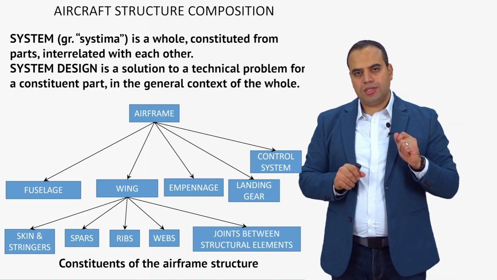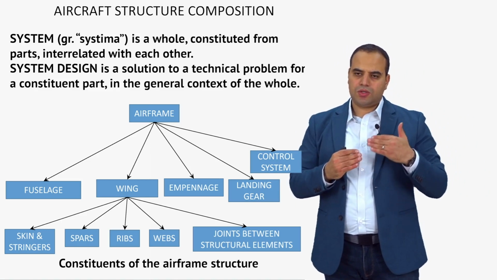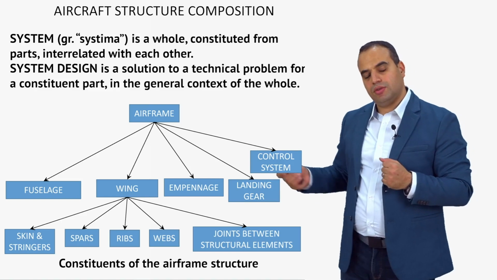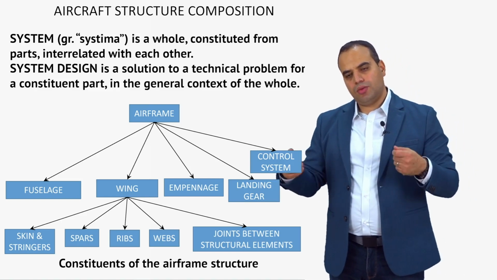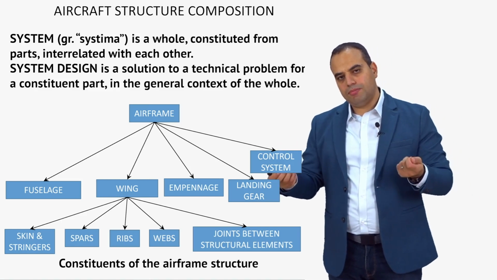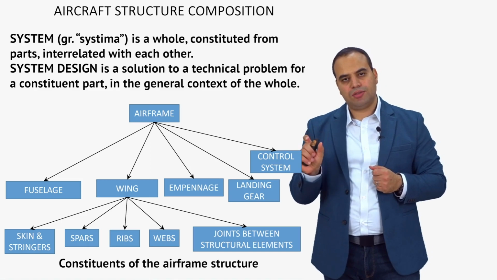And in fact, when we design the structural documentation of every one of these parts, we're going to have a number, right? And when the manufacturing works, the workers take the number of these parts, and by looking at the number, you can see that it belongs, for example, to the wing, right?